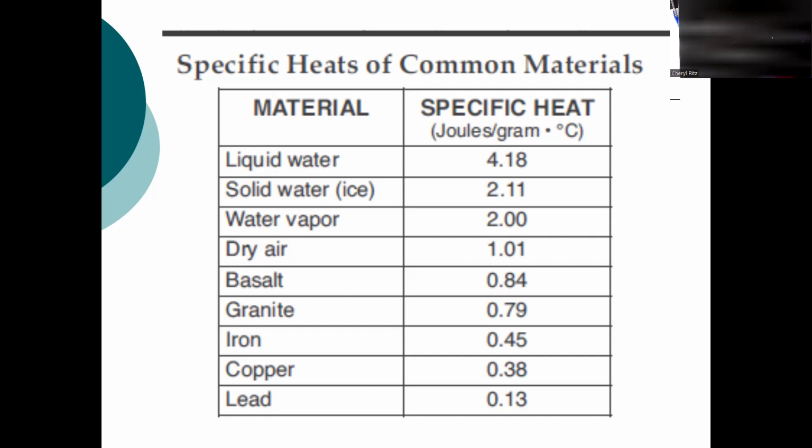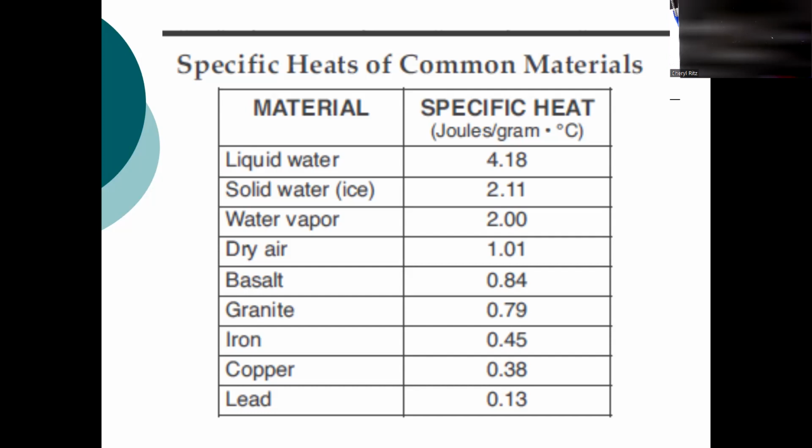Put one hand in the water, the other hand on the metal of the pan. Which one can you leave there longer? The one in the water, because the water heats up slow.